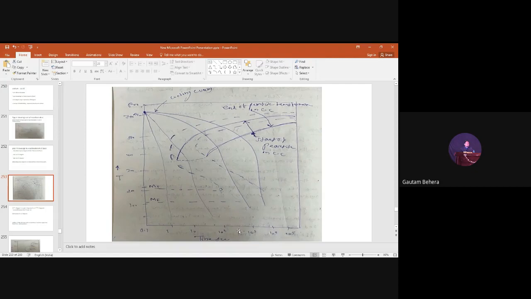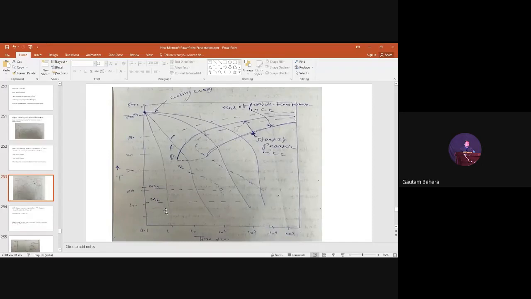Very big dimensions we are dealing with, right? It will take some minutes, not hours, for example. Not seconds, right? So isothermal cooling means we try to keep the sample at a constant temperature and we see at what time the transformation will start and at what time the transformation will finish. Transformation start means, suppose, austenite to pearlite transformation.